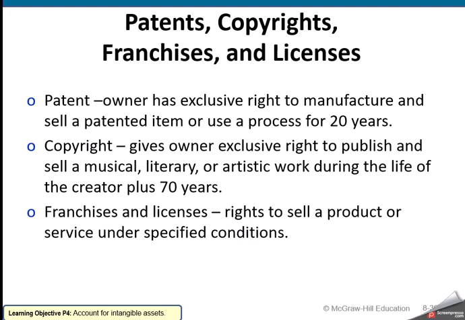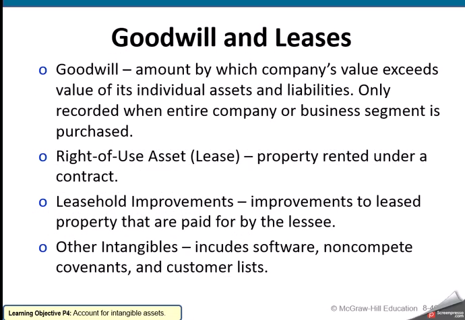Copyright gives the owner exclusive right to publish music, movies, art, literature, any of that stuff for their life plus 70 years. A franchise you purchase, and then it gives you the right to sell that product under the name like Subway or McDonald's or UPS or whatever.